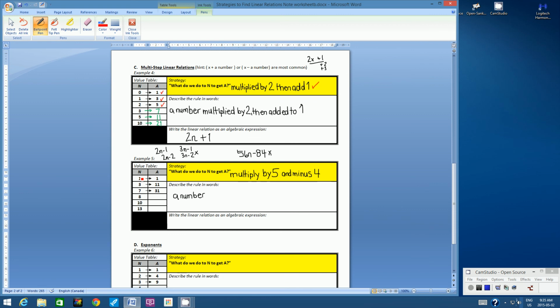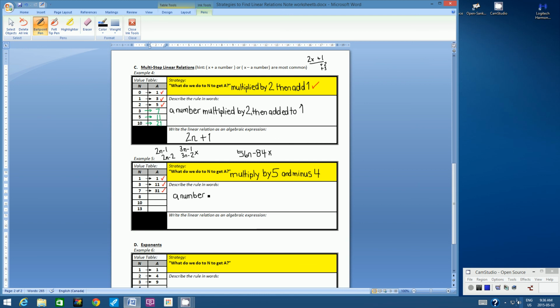So 1 times 5 is 5, minus 4 is 1. 3 times 5 is 15, minus 4 is 11. So two of these numbers work. 7 times 5 is 35, minus 4 is 31. Okay, so I know that this is the rule. Okay, I can finish writing it now.